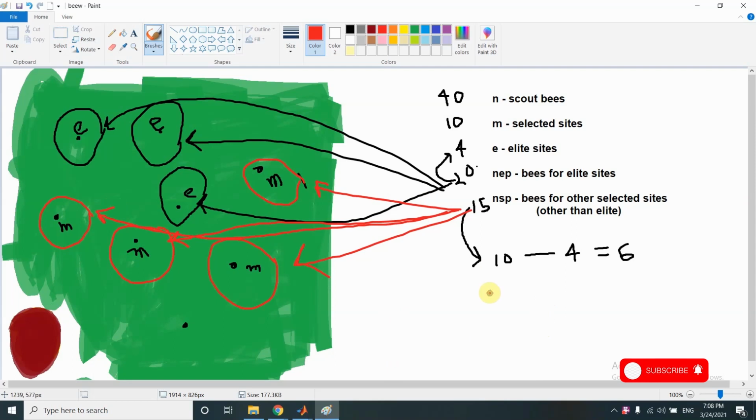And some other bees would be sent in random directions. Let's say this, somewhere here, and so on. So all these bees which are sent to the elite sites and selected sites will look for the food in the neighborhood of those sites only and will return. Similarly, the bees which are sent in random directions will also look for food and return.